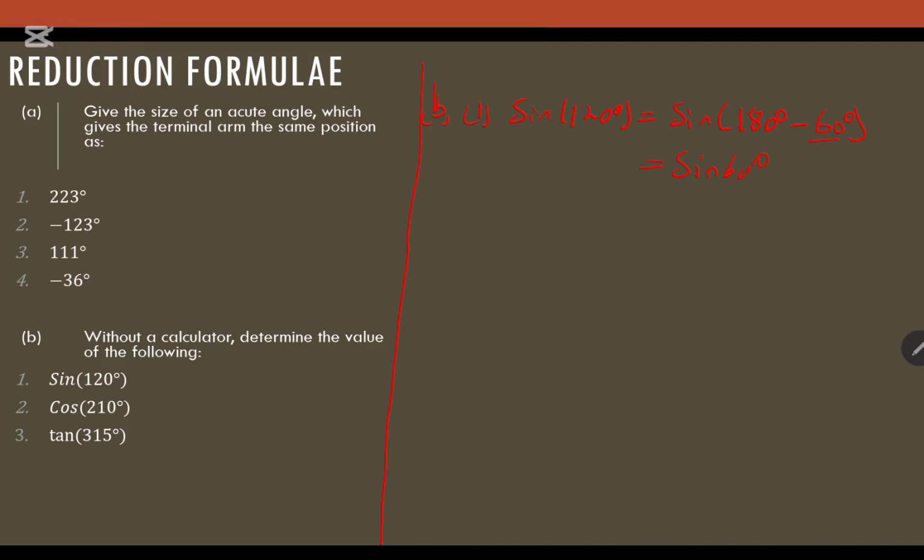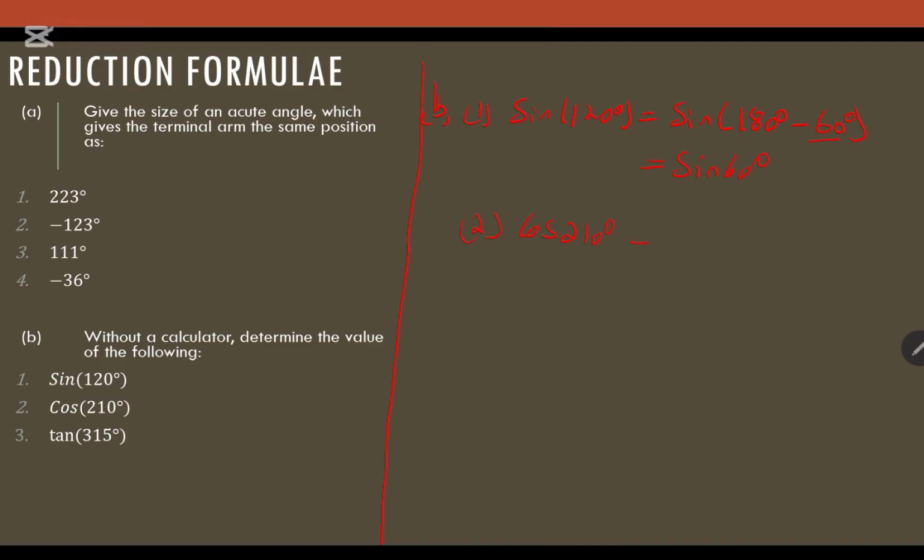The second question, we are given cos of 210 degrees. Now 210 degrees is an angle that is bigger than 180 degrees. It is in the third quadrant. So you can simply say 210 degrees minus 180. So that will give you 30 degrees.